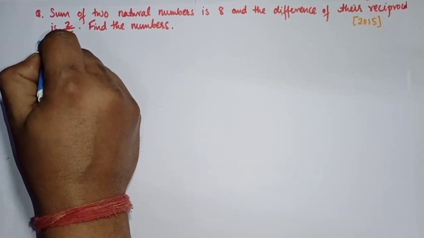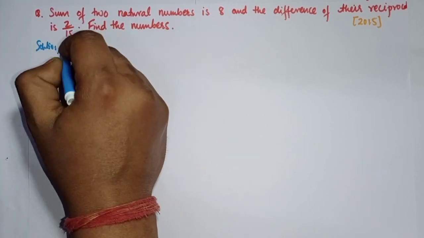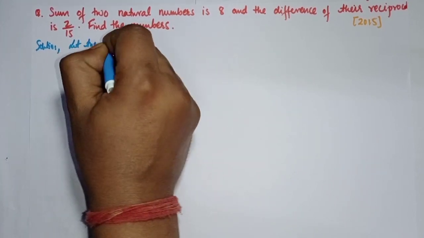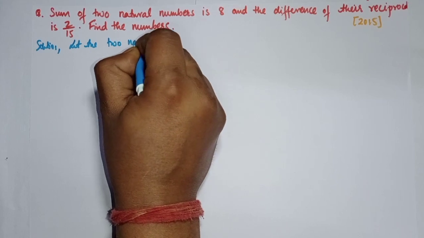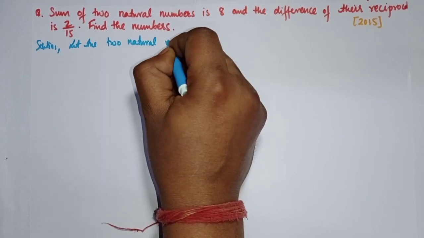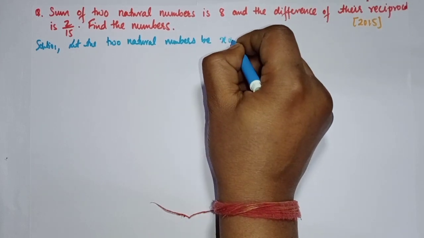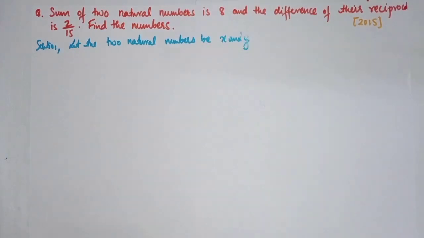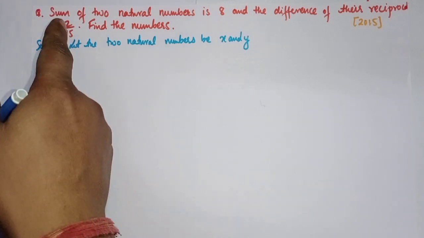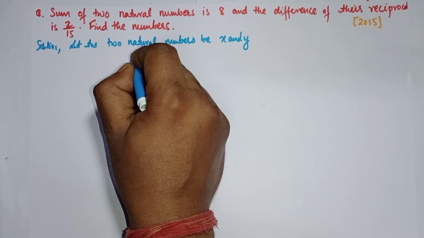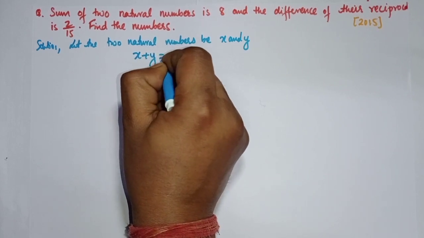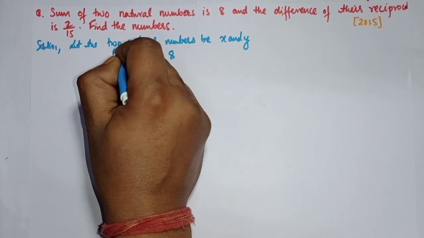I'll show you in a simple way. Take the solution. Let the two natural numbers be x and y. So I am taking two natural numbers x and y. What do they give us? The sum of the natural numbers: x plus y is equal to 8 according to the question.